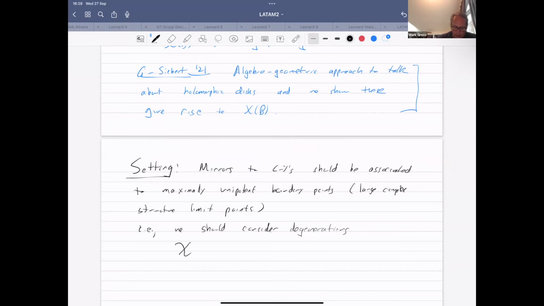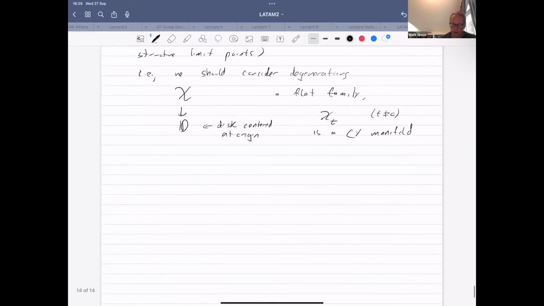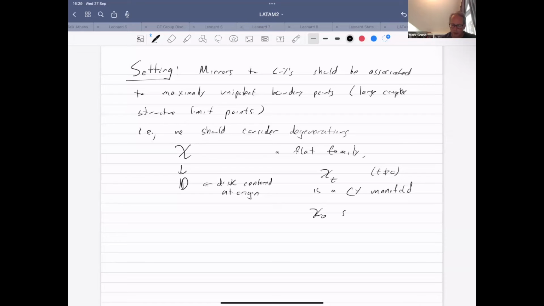So I'll look at X over maybe a disk D. So this is a flat family, and for t non-zero, let's say disk centered at the origin, X_t, the fiber of this family over t, for t not equal to 0, is a Calabi-Yau manifold. But X_0 is singular.